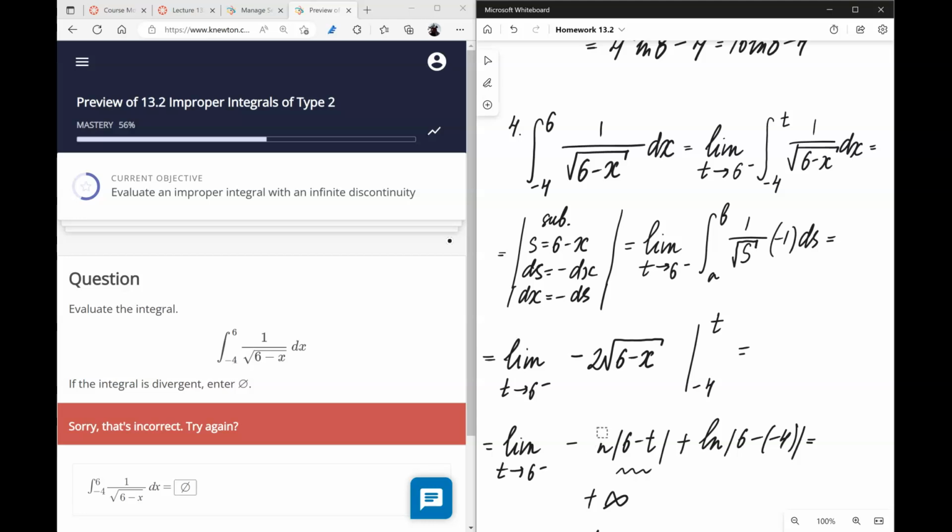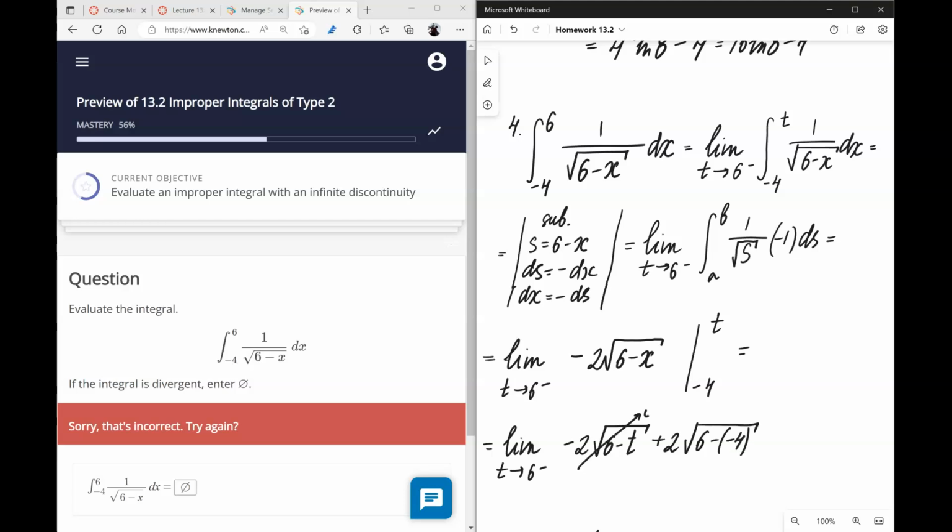So let me rewrite everything. So we have -2 square root of 6 minus t plus 2 square root of 6 minus -4.